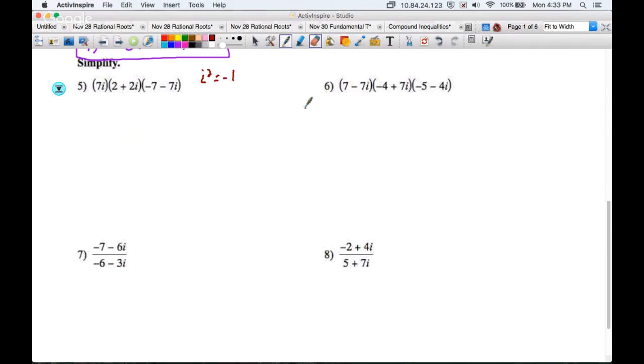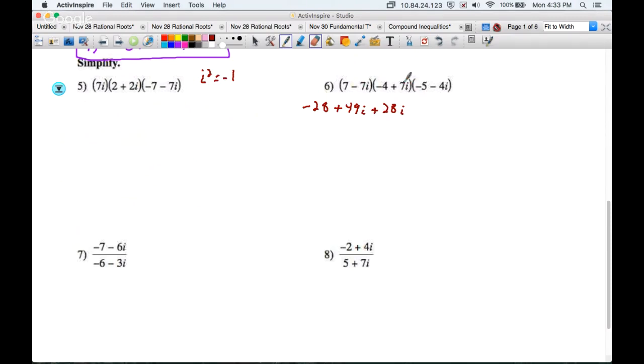7 times -4 is -28. 7 times a positive 7i is positive 49i. -7i times a -4i, negative times a negative is a positive 28i. And -7i times a positive 7i.